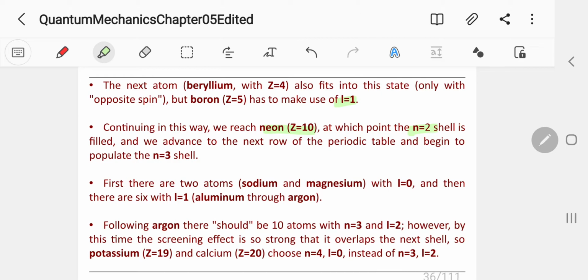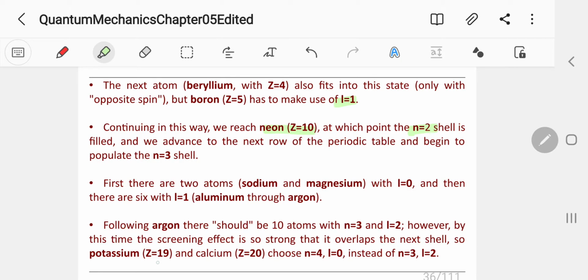This is a very important point. Following argon, there should be 10 atoms with n equals 3 and l equals 2. However, by this time you have so many electrons that the screening effect is so strong that it overlaps the next shell.